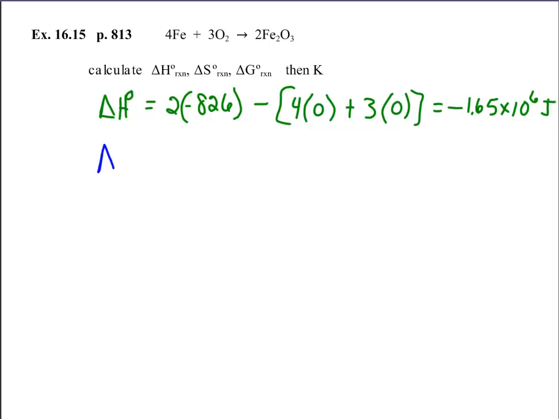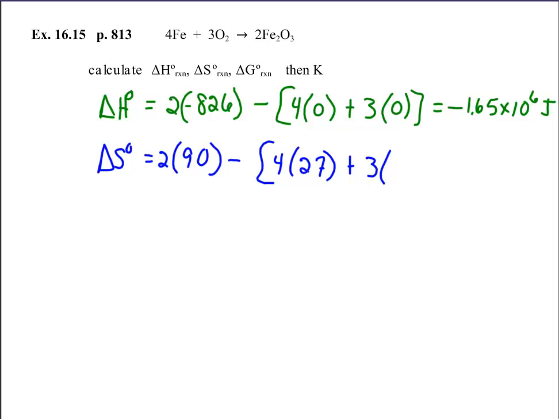I'm going to do the same thing for delta S, and it's going to be the entropy of the products. So the entropy of my products is 90 times 2 minus the entropy of the reactants. Entropy of formation of elements is usually not 0 because there's some randomness to how I put them together. So for iron, it's 27. So 4 times 27 joules plus 3 times, for oxygen, it's 205.